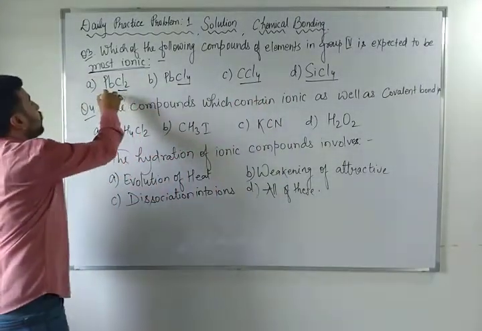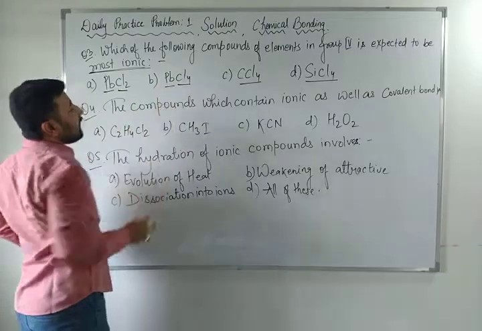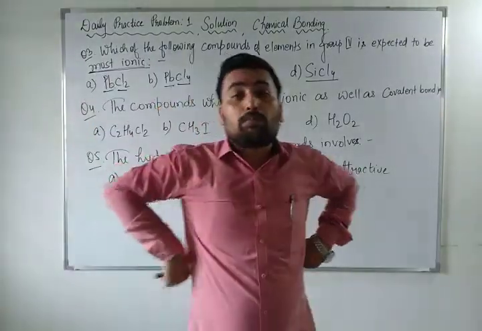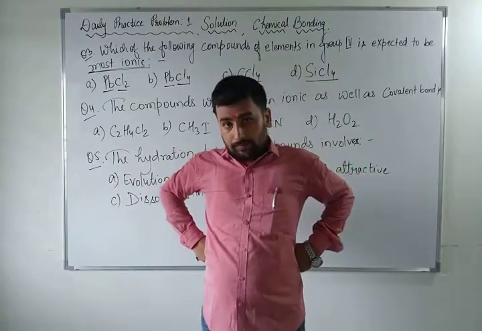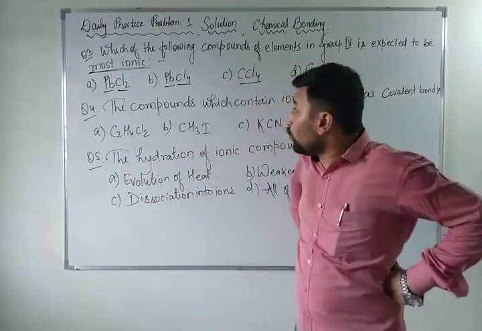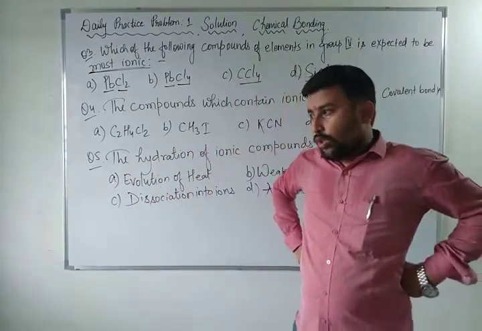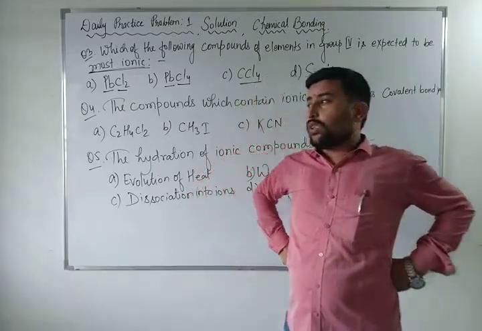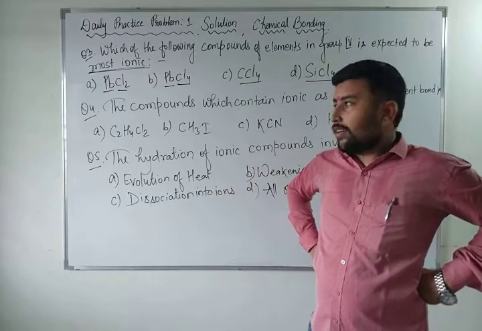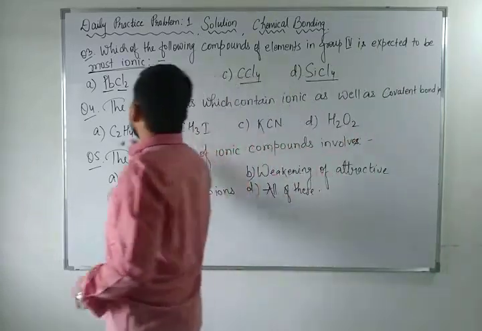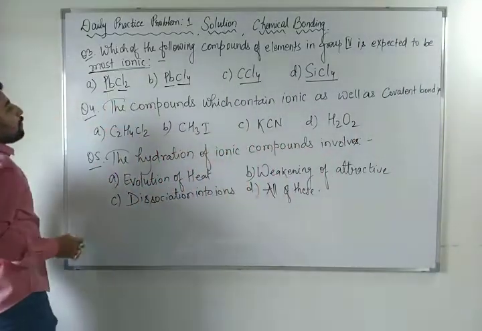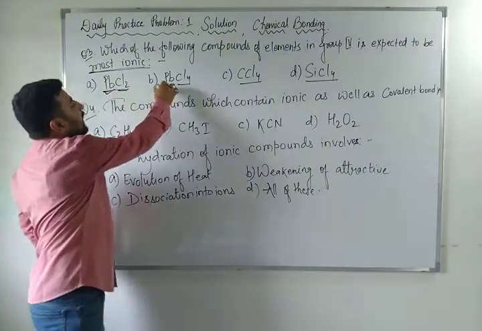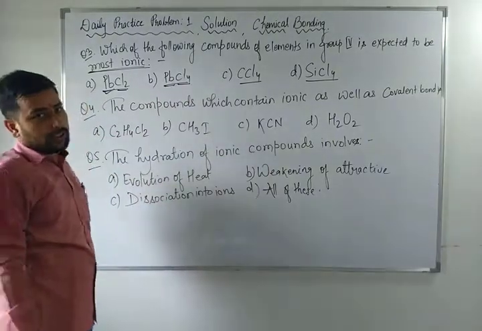Now in these two, lead dichloride and lead tetrachloride, the question is which will be the most ionic, PbCl2 or PbCl4. Here in PbCl2 the lead is in the plus 2 oxidation state, and here it is in the plus 4 oxidation state.